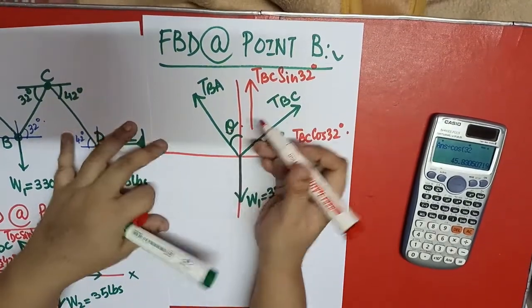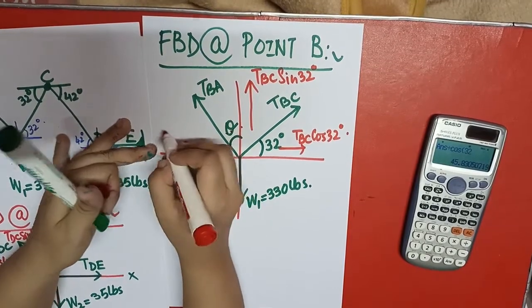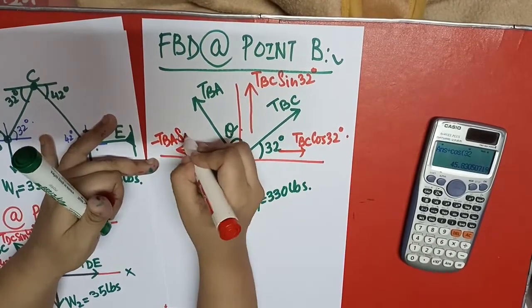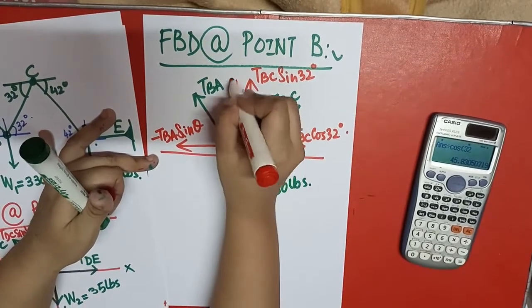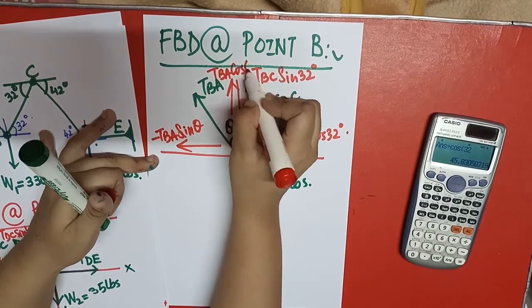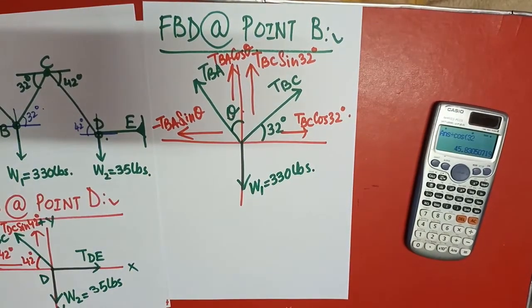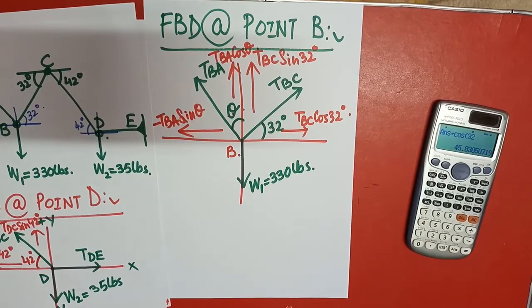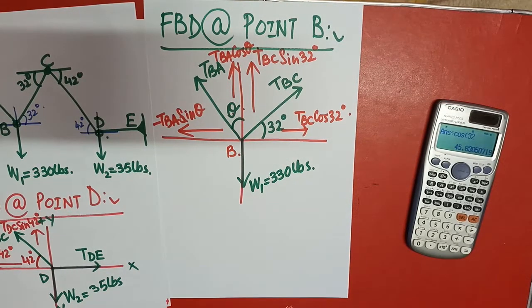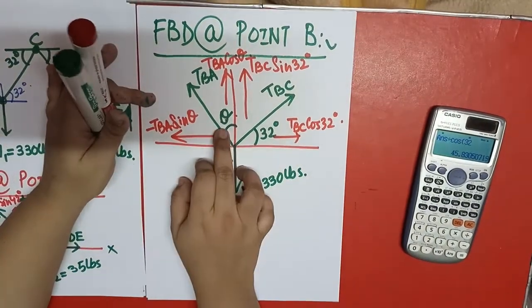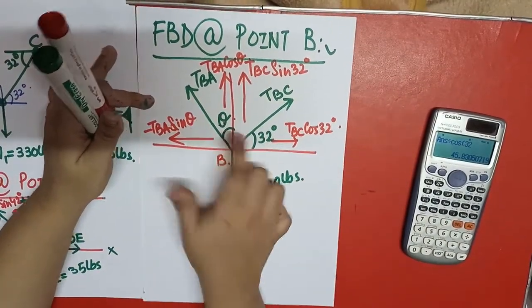This angle is attached with the y-axis, so it will be minus TBA sine of theta, and this will be plus TBA cos of theta. So this is point B, and we are going to calculate the sum of both the horizontal and vertical forces here, because two things are unknown, TBA and theta both.